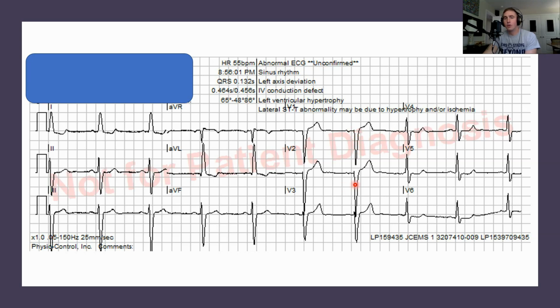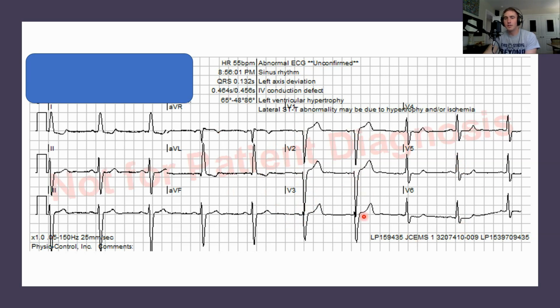Now we need to see if we meet voltage criteria for LVH. The voltage in V1 or V2 looks like V2 is the deepest. If you add that to the voltage in V5 or V6, it doesn't appear to be nearly 35 millimeters.